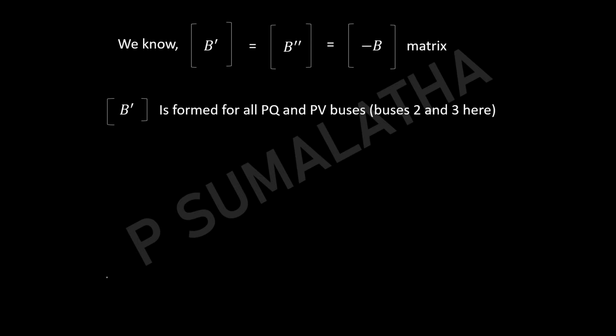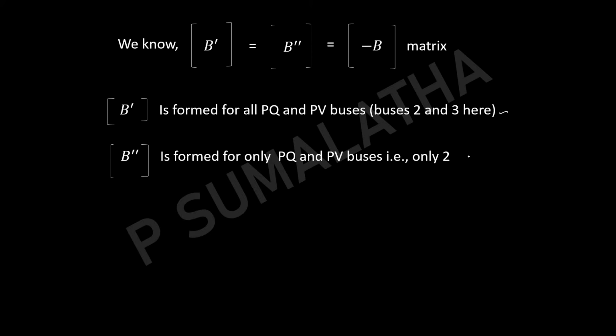Now coming to the B double prime matrix, the B double prime matrix will be formed only for the PQ buses. Okay, these points we got from the 2 equations that we have derived. Here the first equation is delta P by mod V, which is equal to B prime matrix into delta del, right?